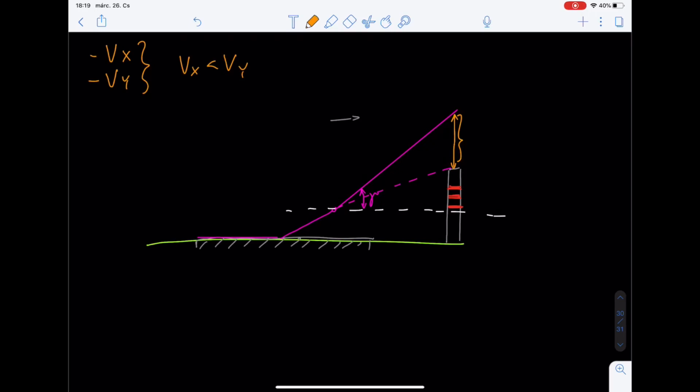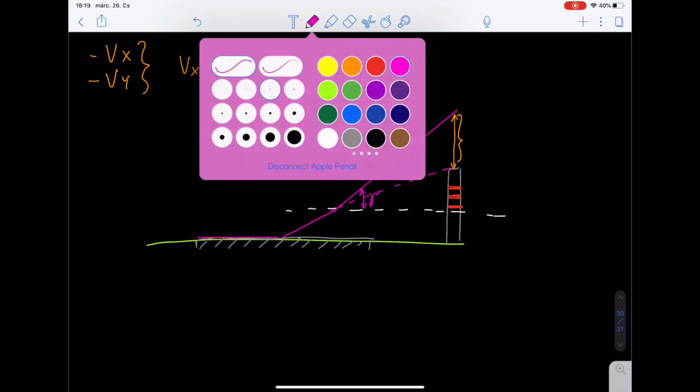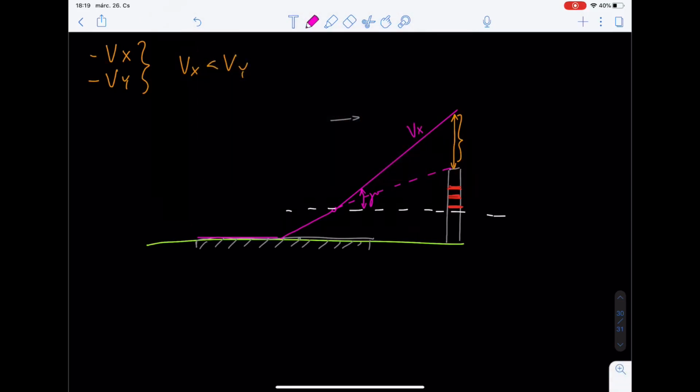If I choose any other speed than Vx, what's going to happen to my flight path?